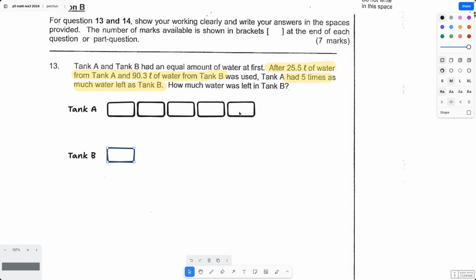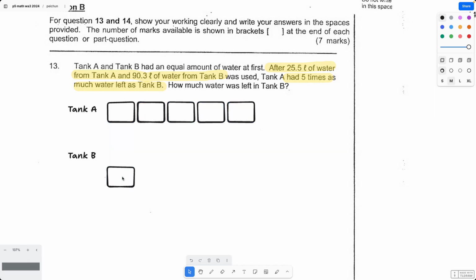Yeah, so 5 times. That's what I see over here. Then we also know that, let me just add one more. At the same time, let me expand this a bit more because I'm going to put some text in it. So that means 25.5 is gone.